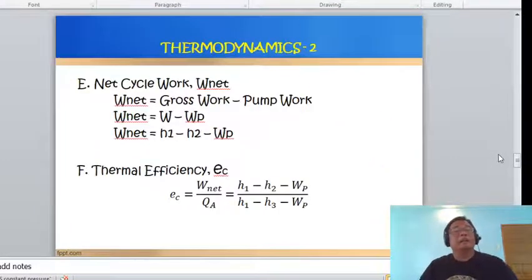Take note, we have here the net cycle work. The net cycle work is the work of the turbine minus the pump work.